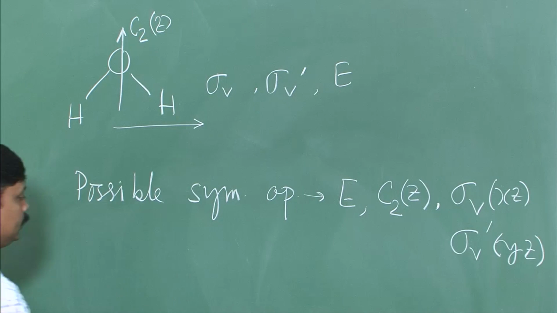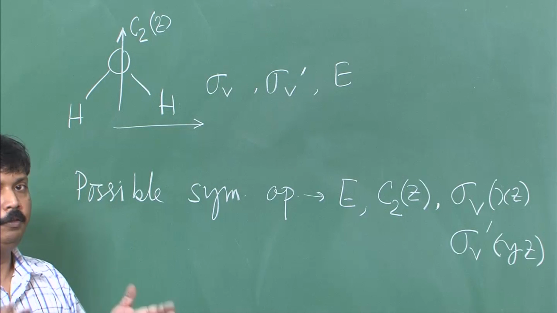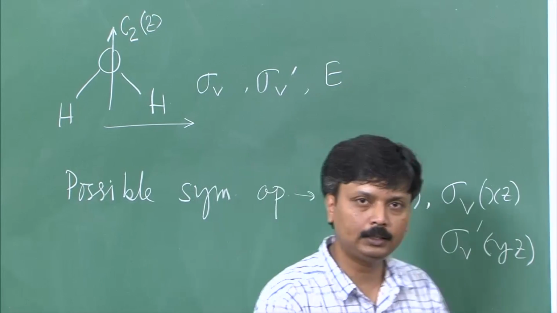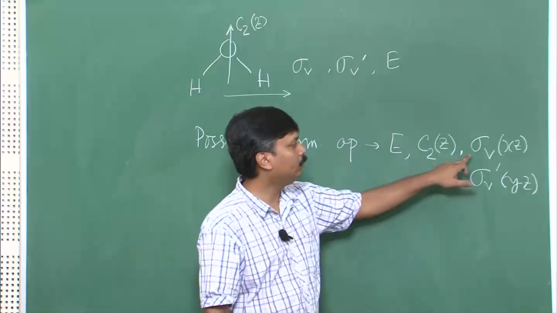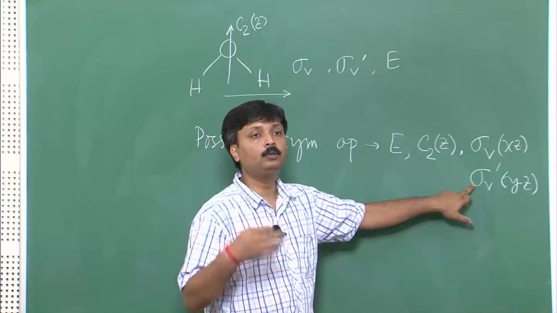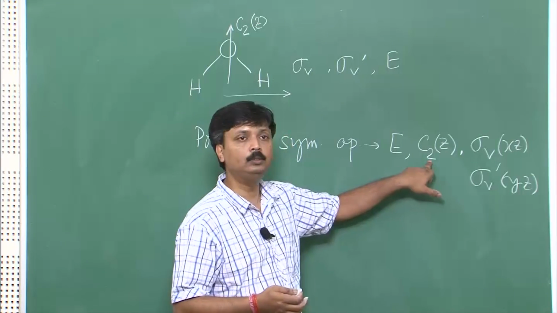So, the first thing is whether the closure property is verified or not. If you think about what we learned last class, we take this same example and we showed that a combination of sigma v and sigma v prime gives you the exact same result that is produced by C2Z alone.